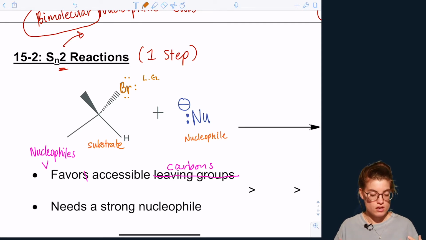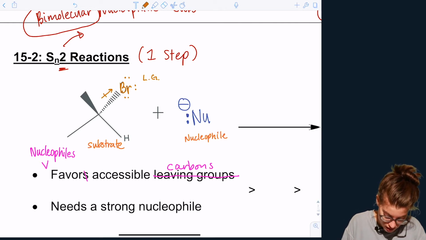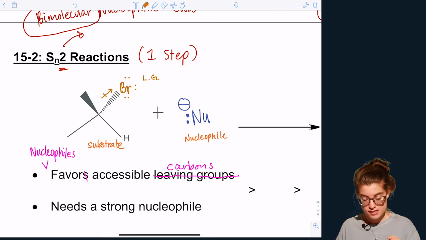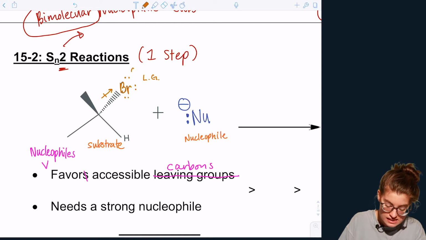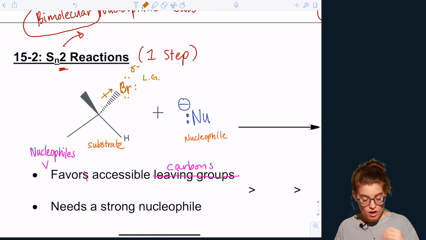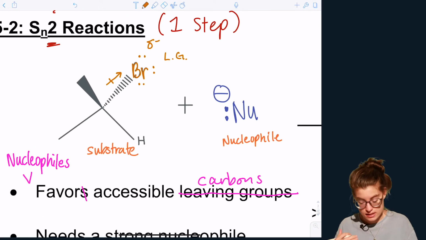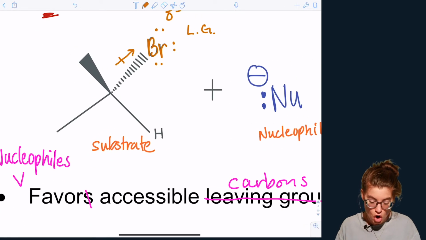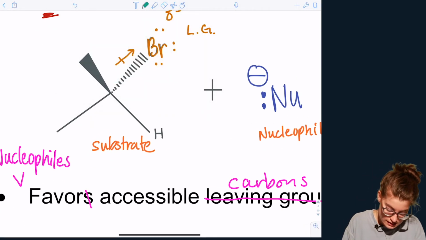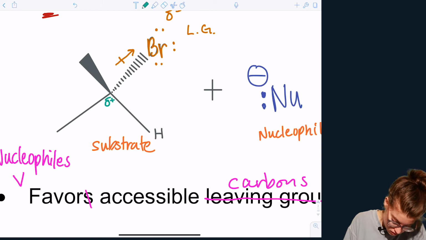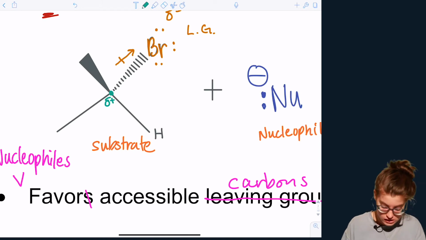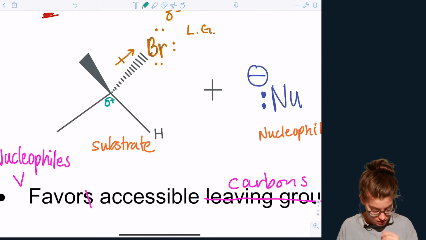It's pulling the electrons toward it in this bond, okay? Now what that does is, yeah, it makes the bromine slightly negative, okay? But more interesting to me is it makes the carbon that it's bonded to slightly positive here. This carbon right here is slightly positive, all right?